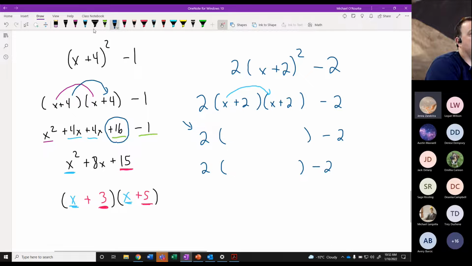Put a D in chat, Brooke, when you're at that line. Which line are you talking about, Jack? It's not plus 2. The very end? No.